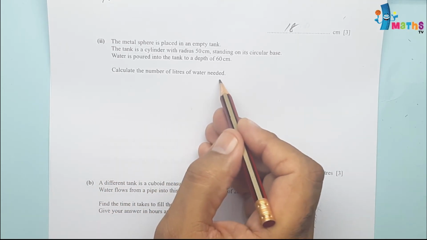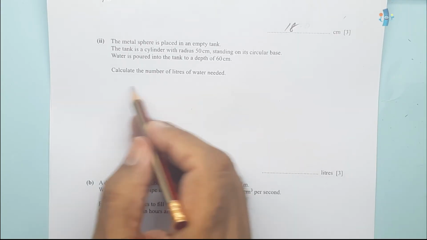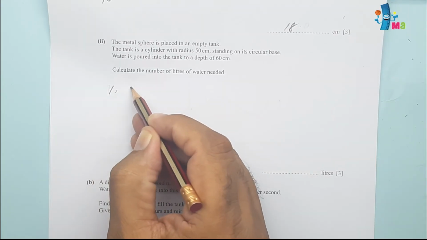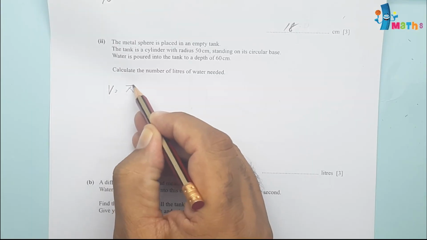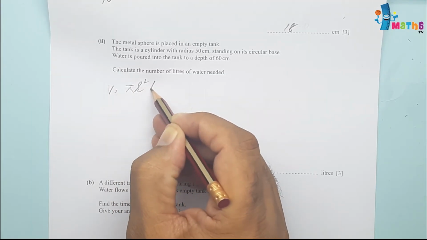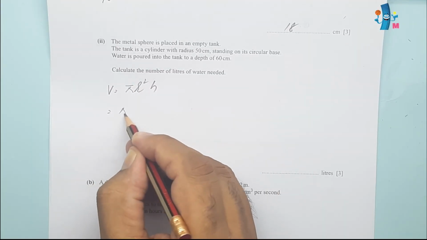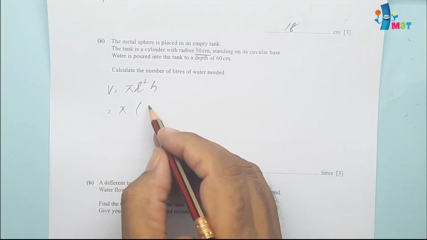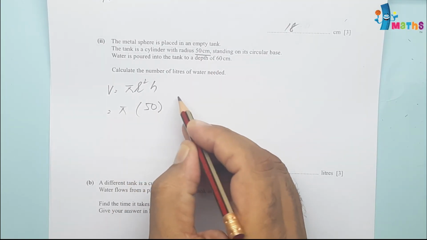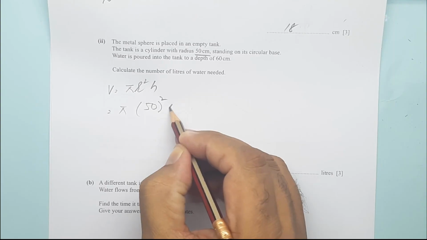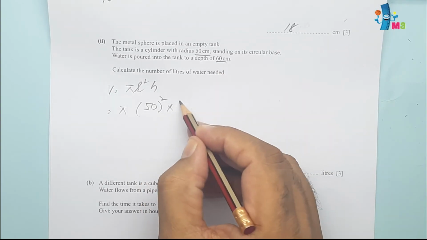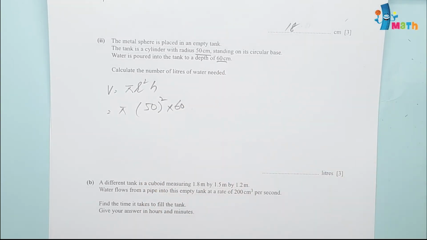Calculate the number of liters of water needed. So volume will be equal to, we know the volume of a cylinder is pi r squared into h. So pi, r is given 50 centimeters. So r is 50, r squared, and the height is 60 centimeters, so we can write 60 over here.